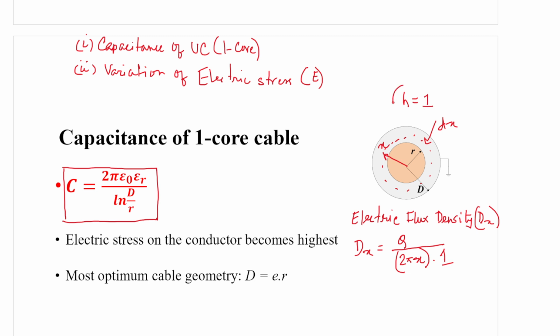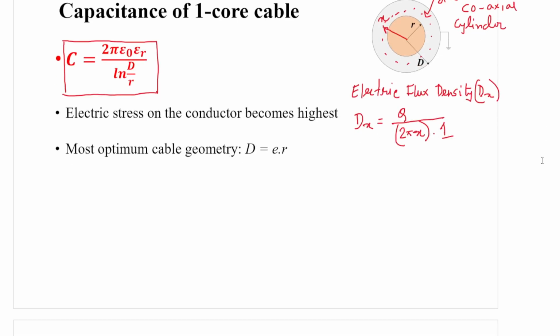Geometrically, this is nothing but a coaxial cylinder having height 1, so its area becomes 2 pi x, where x is the radius. So the circumferential area becomes 2 pi x into 1.